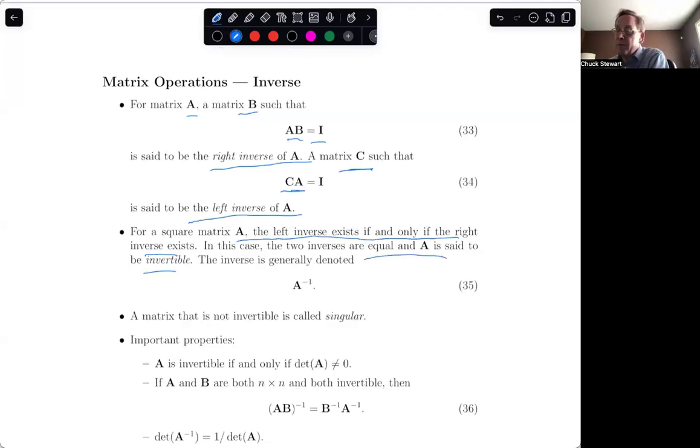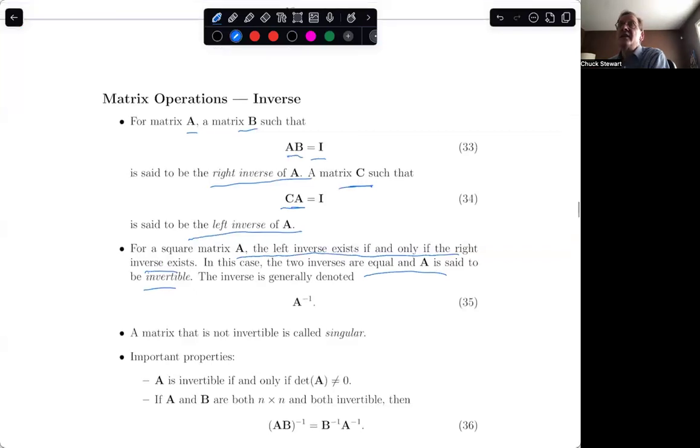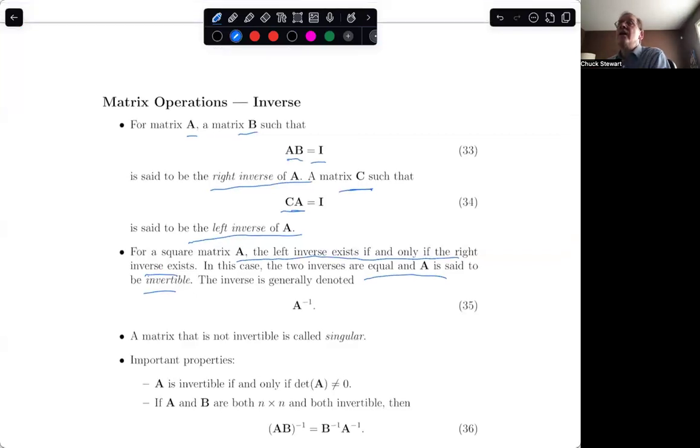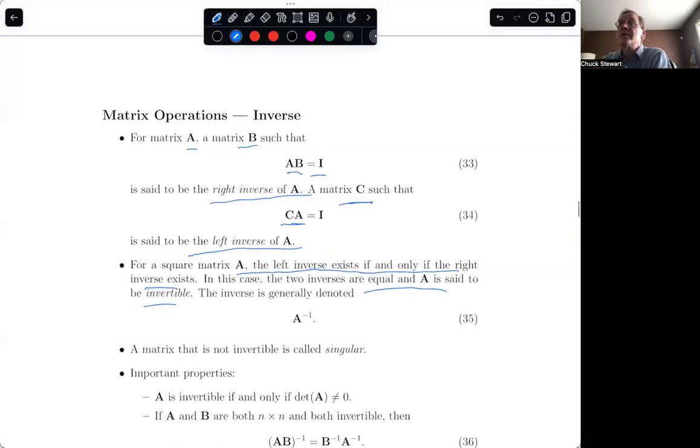So let's look at a few properties of this. Let me give you an example first of non-square matrices where we have an inverse. So let's make A equals 1, 1, 0, 0, 2, 1. And I did this in advance so that I didn't have to try to make something up on the spot.